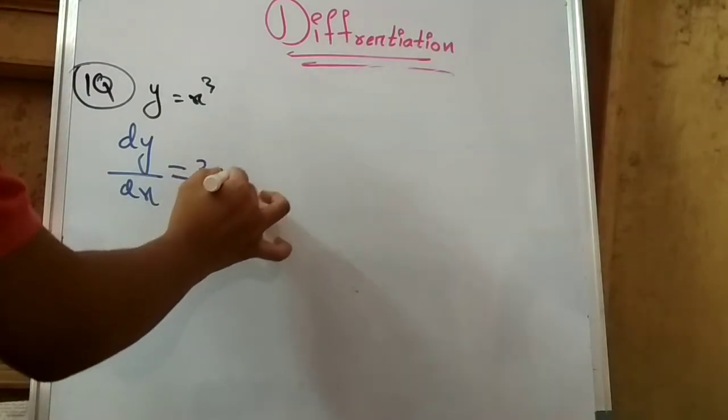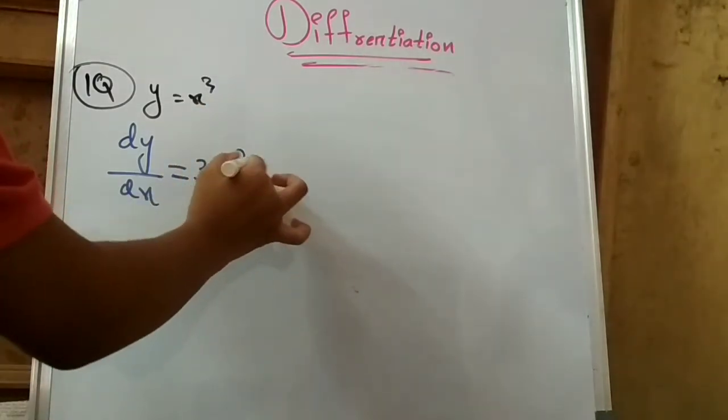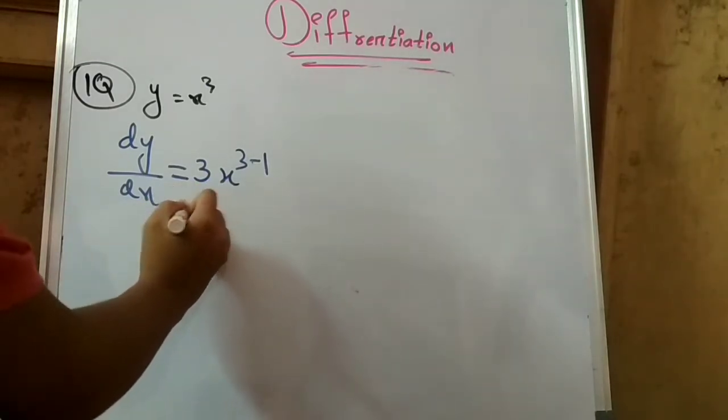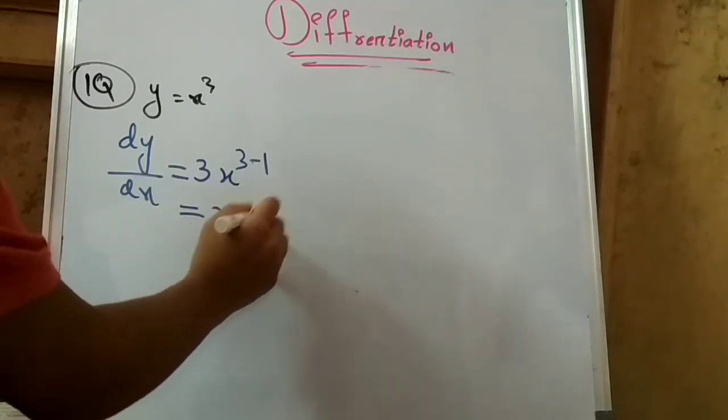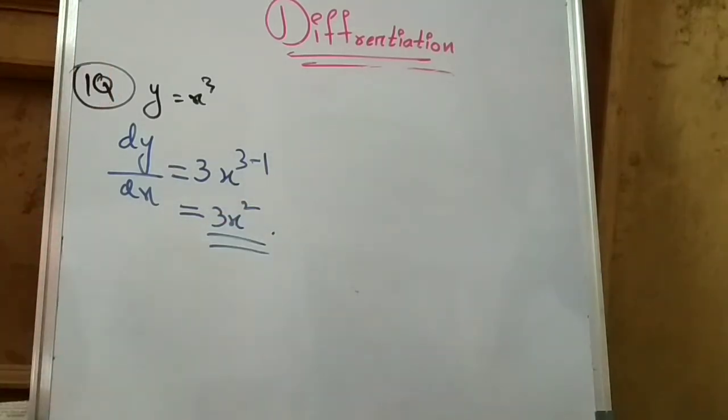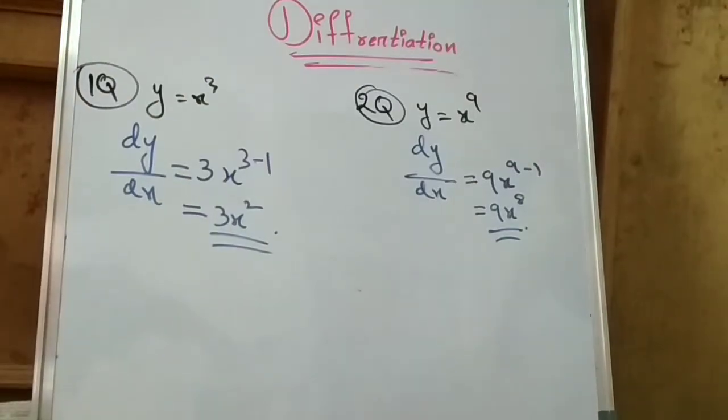So 3 times x to the power of 3 minus 1, which is 3x squared. That's the differentiation. We'll take some more questions to make the concept understandable.